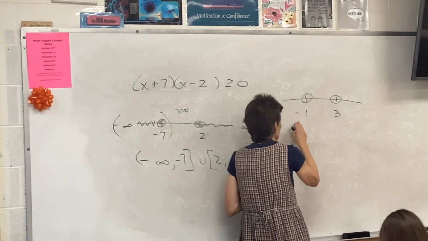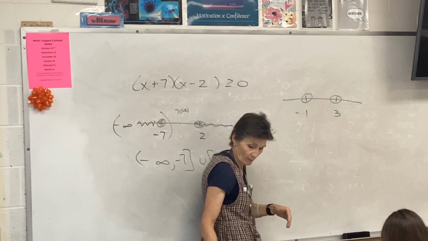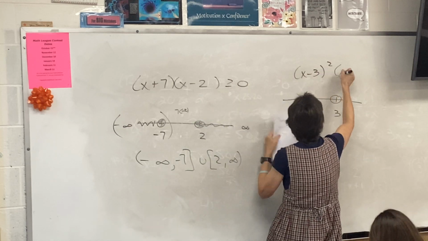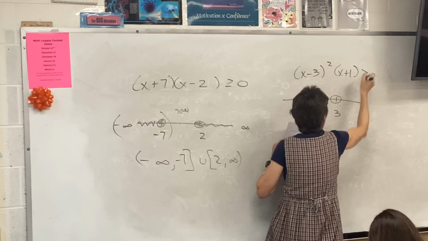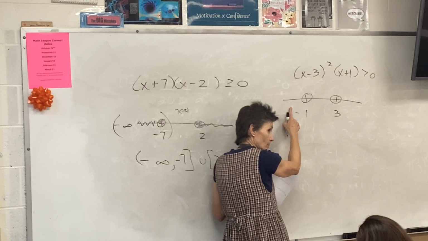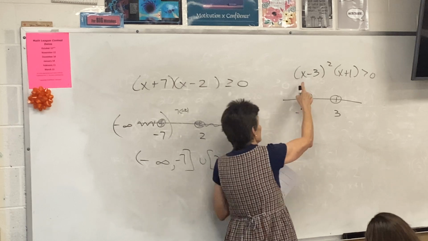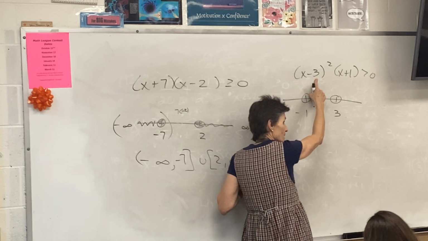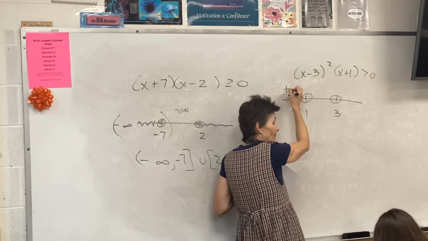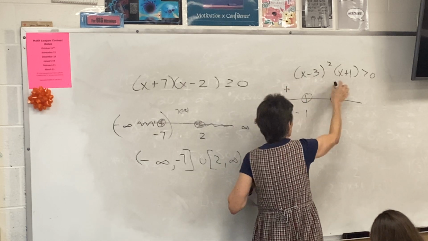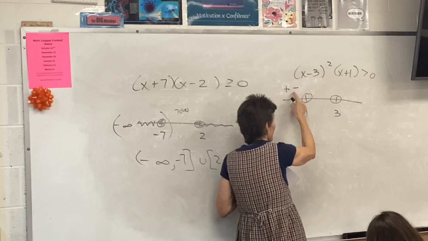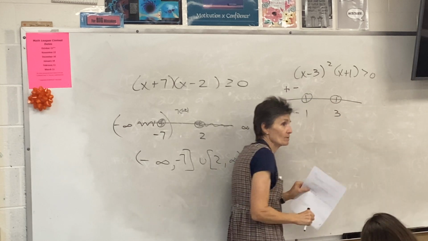So you're going to have to pick a number over here. Let me write down the problem. And I want a positive result. So if I put in negative 2, negative 2 minus 3 is negative, but I'm squaring it, so that would be positive. Negative 2 plus 1 is negative. When I multiply those two together, am I going to get bigger than 0?